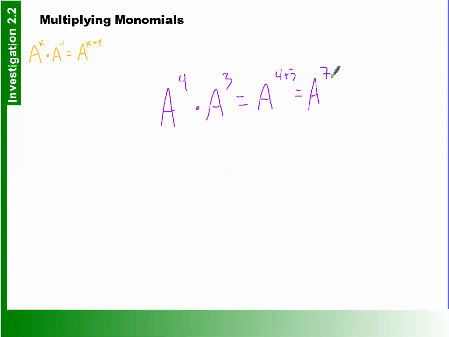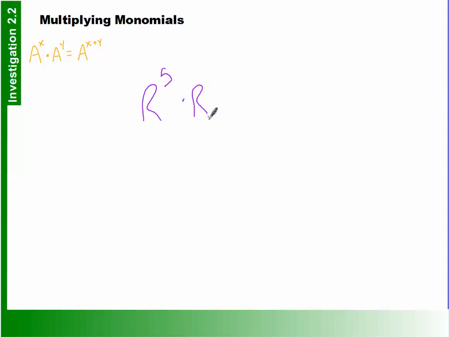So this time I'm going to come up with another problem. I want you to do the problem and stand up when you know what the answer is. This time we're going to have r to the 5th times r to the 7th. Stand up when you know the answer.